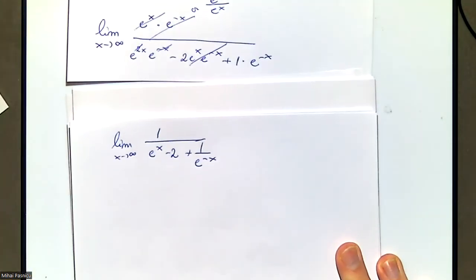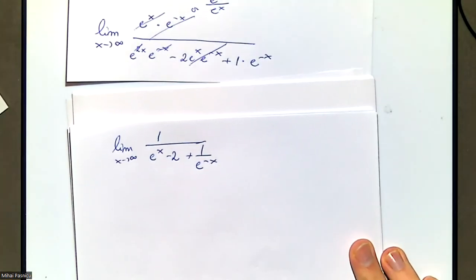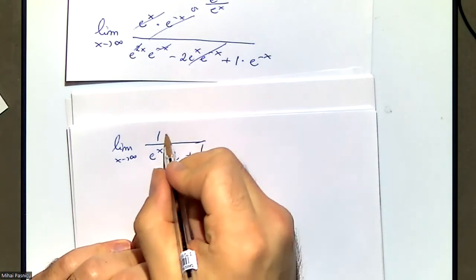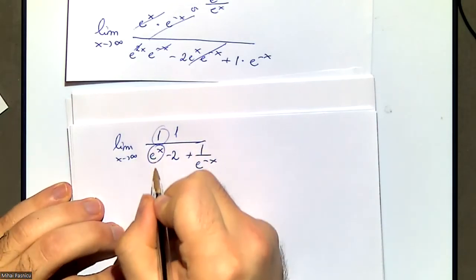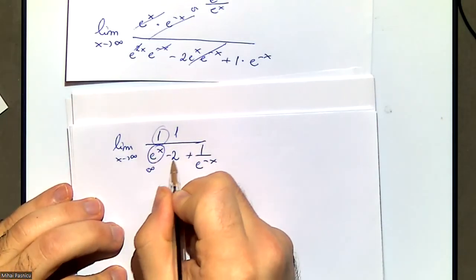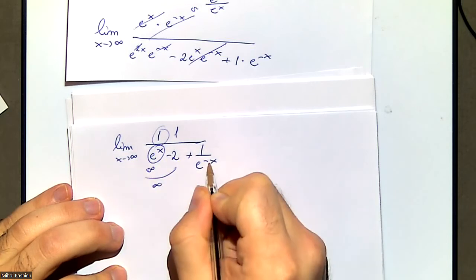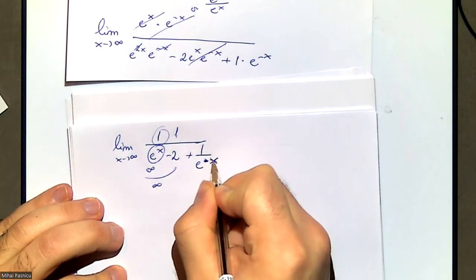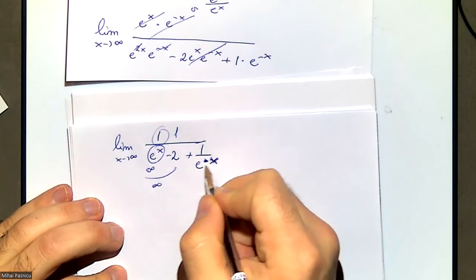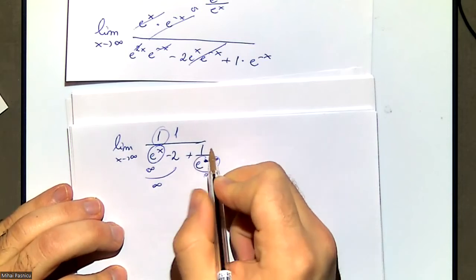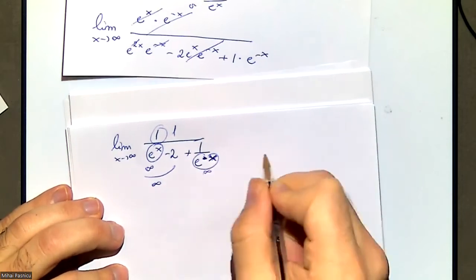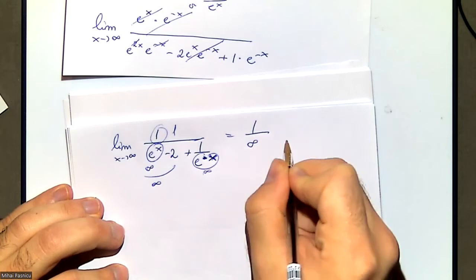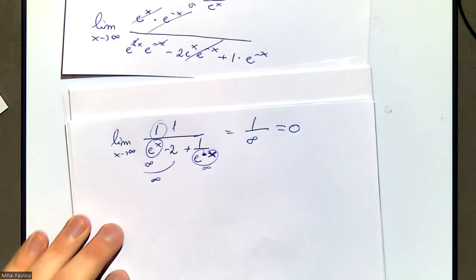So now that we've done this trick, let's evaluate again and see what happens. This is 1. This is infinity. Infinity minus 2, still infinity. Sorry, this is 1 over this infinity, so this is just 0. So I have 1 over infinity, which is equal to 0.